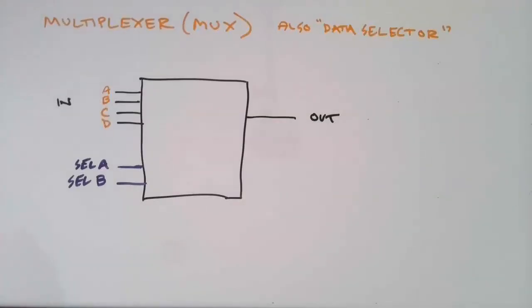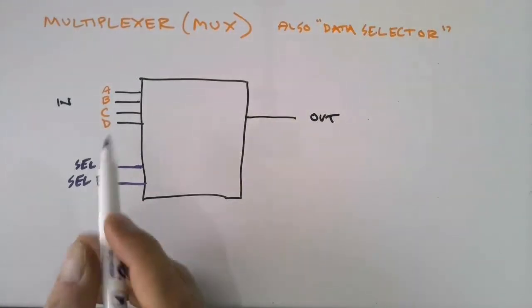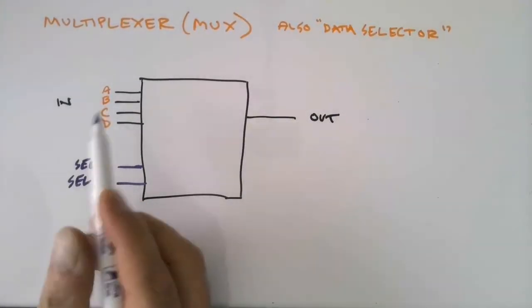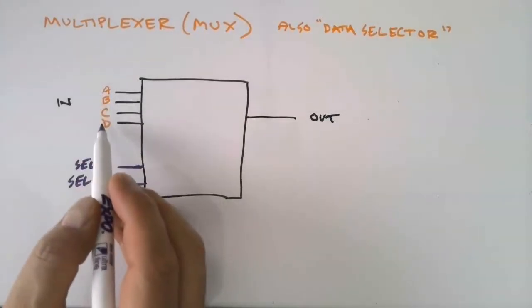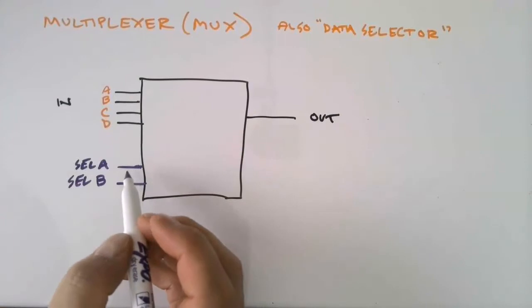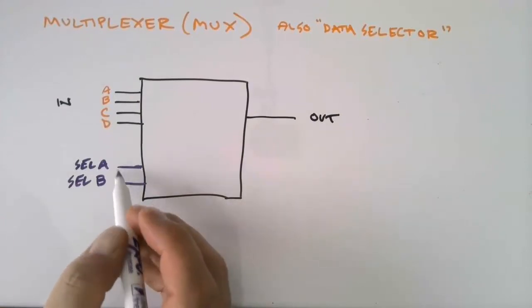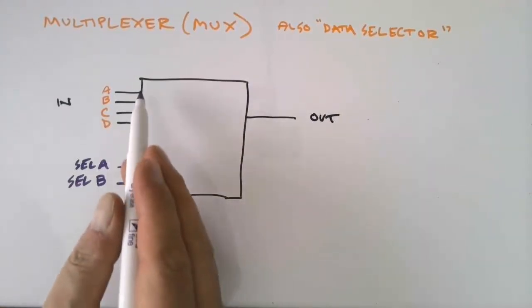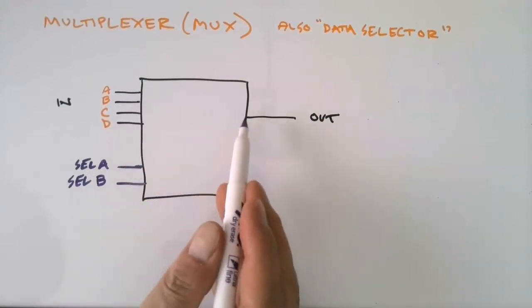Okay, the next MSI device is the multiplexer, sometimes called a MUX, or also called a data selector. This is one of my favorites. It's kind of a cool device. What it does, in words, is it will take these 4 discrete inputs, so only one can be on at a time, and based on the binary select input code, it will route that input to the output.